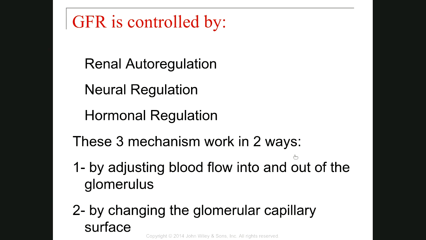First, they adjust the blood flow into and out of the glomerulus, and then they alter the glomerular capillary surface area available for filtration. GFR increases when blood flow into the glomerular capillary increases, and GFR decreases when the amount of blood coming to the glomerular capillary decreases.